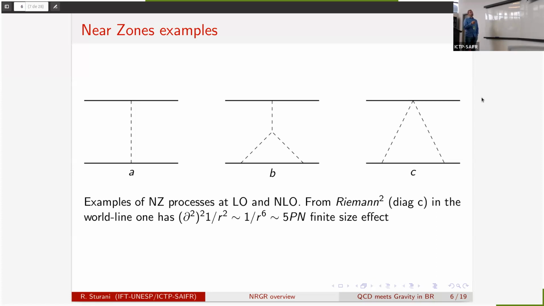This will give the Newtonian potential, this will give a G correction to the Newtonian potential, and this is also a G correction to the Newtonian potential. This is basically the Newtonian potential squared. So these are just some of the processes that contribute to the near zone potential.